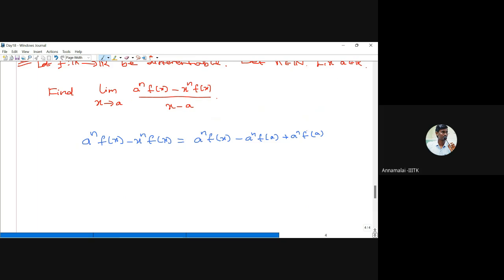Correct? And then what is the remaining thing? Plus x^n f(x).